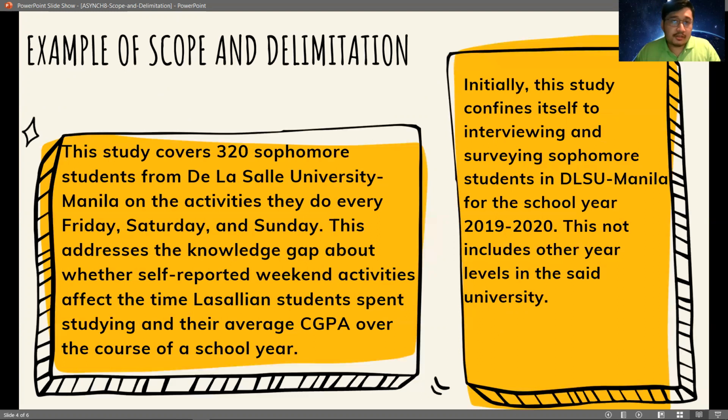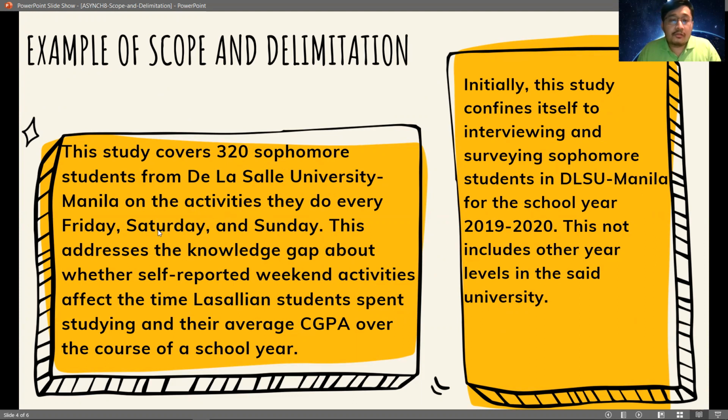So let's have an example. When you compose the scope of the study, look at the left side of the screen. It should look like this. Remember, when you compose the scope of your study, state here the respondents of your study, as well as the locale of your study.